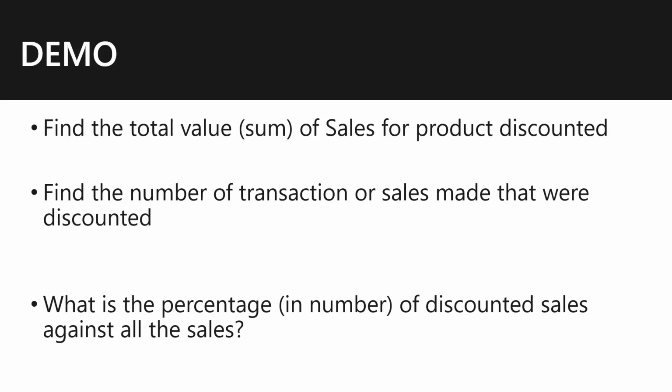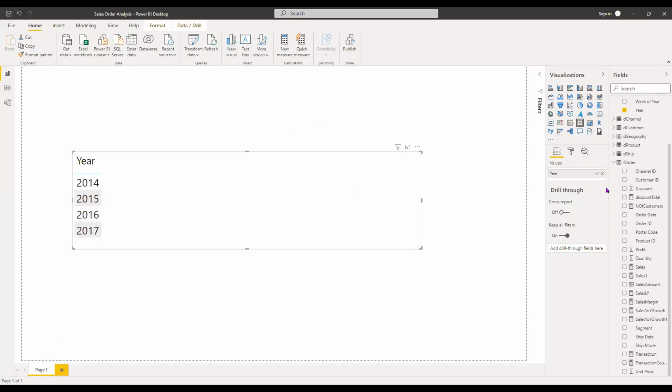So now let's go over to our Power BI desktop and implement. Let us start with finding the total value of sum of sales that were discounted. We create a new measure. Once I create a new measure, it shows me the formula bar.